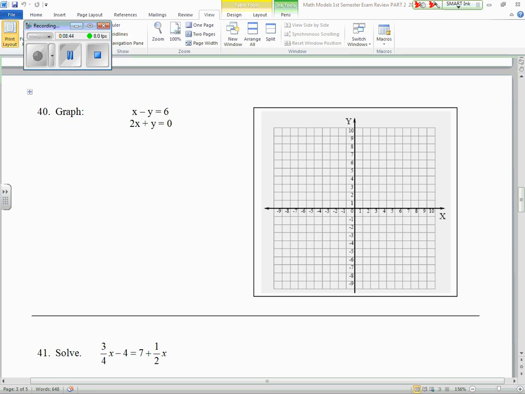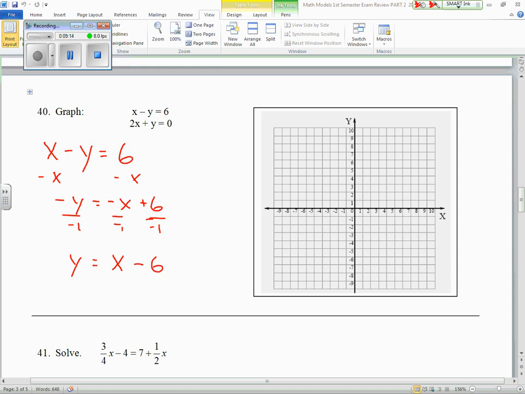All right, graph x minus y equals 6 and 2x plus y equals 0. So first we need to get them into y equals form. So we'll subtract x. Negative y equals negative x plus 6. And divide by negative 1 everywhere. We get positive y equals x minus 6.